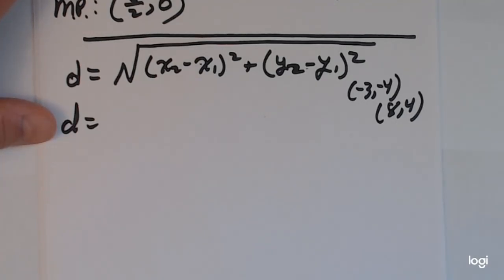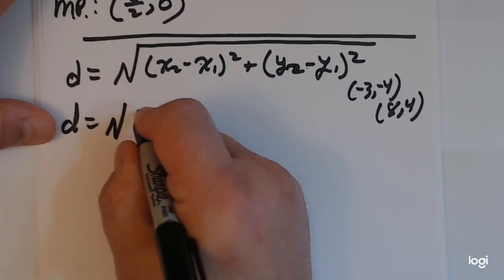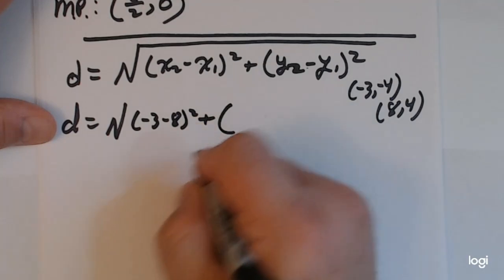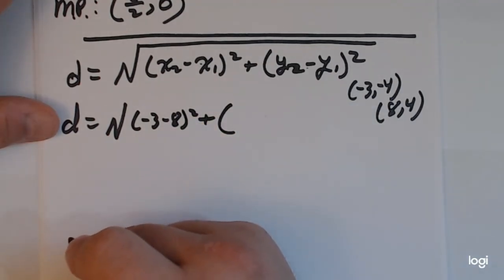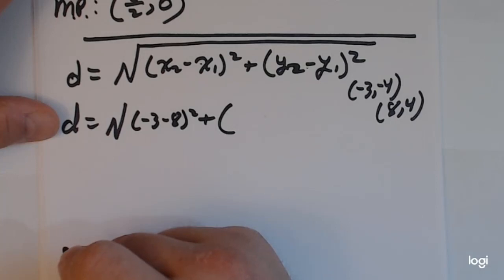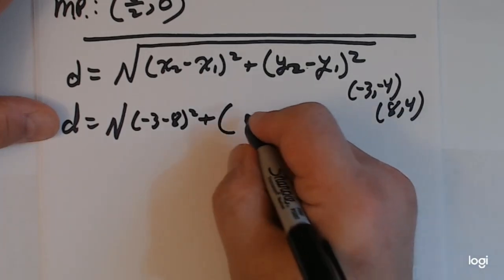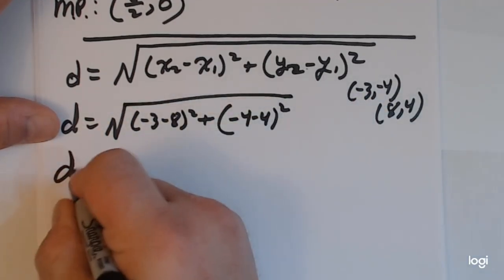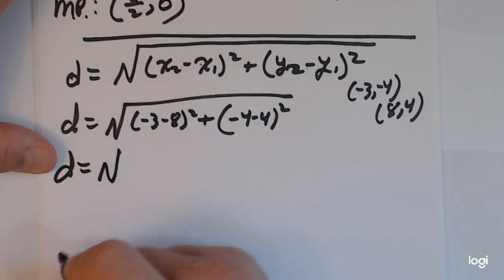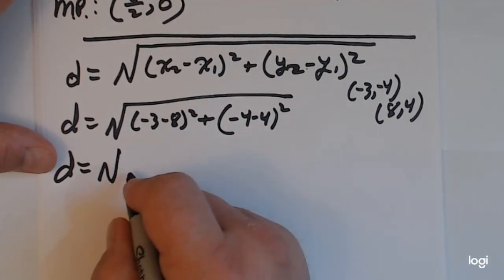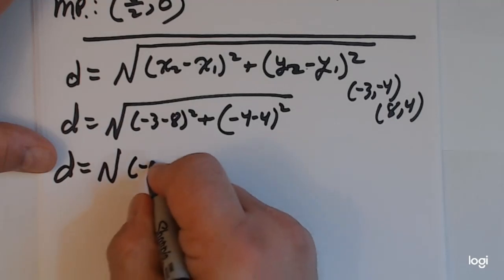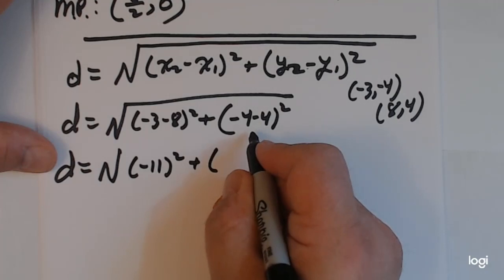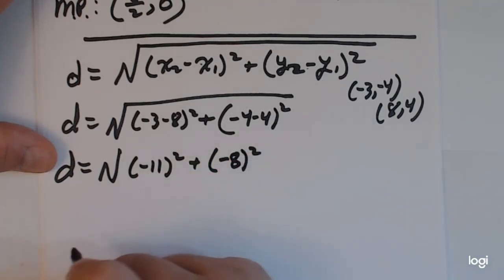So we have -3 minus 8 squared plus -4 minus 4 squared. So d is equal to the square root of, well, -3 minus 8 is -11. -11 squared plus -4 minus 4 is -8 squared.